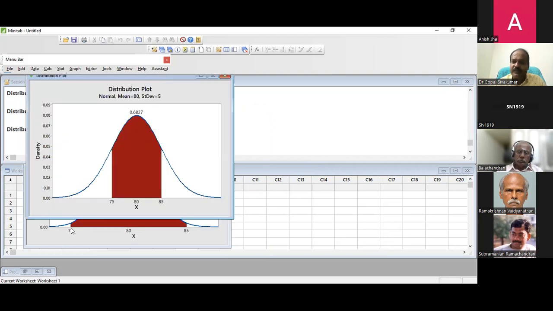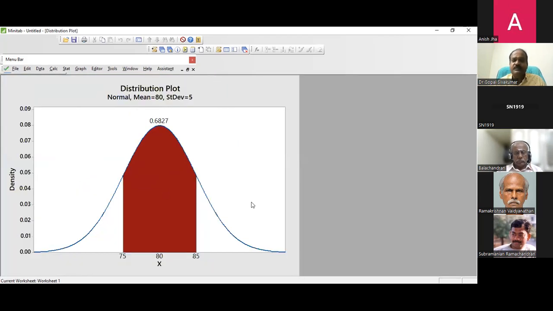Look at where the 75 was earlier, and look at where the 75 is now. This curve is wider. I should simply show it in a bigger manner. So as the standard deviation increases, the curve will stretch outwards.